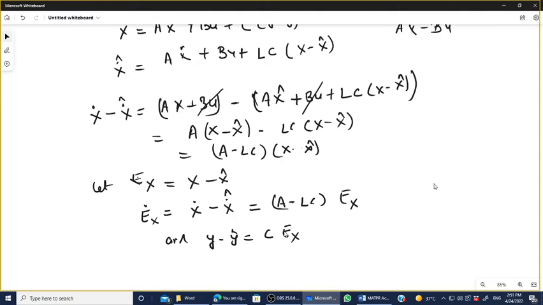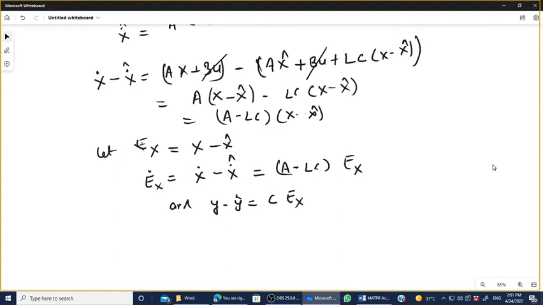So thus observer design consists of solving for vector L, right? Now what was the next target? Your target is to design the characteristic equation. The modification gives the characteristic equation, SI minus A plus LC equal to 0.